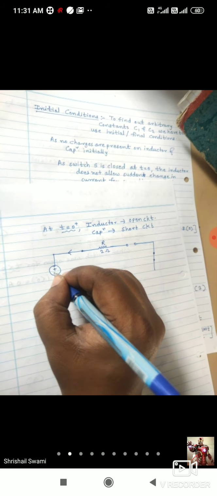So I will draw the diagram. So when switch was closed at time t equal to 0, this is a resistor R is equal to 2 ohm as it is. Inductor becomes open and capacitor becomes short, and the supply voltage is connected to 100 volt.